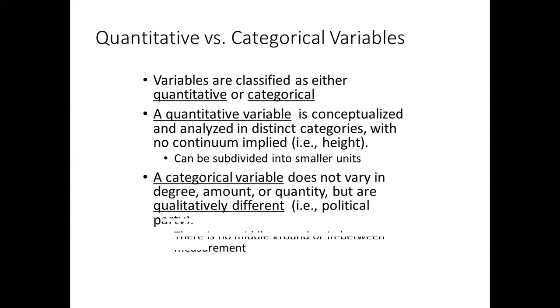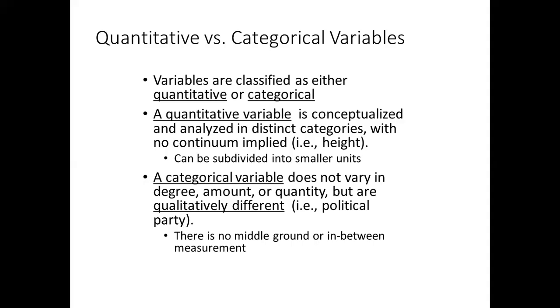All right. Let me quickly also mention that we also have what we call the quantitative and categorical variables. So variables also can be classified as either quantitative or categorical, all right? A quantitative variable is conceptualized and analyzed in distinct categories with no continuum implied.